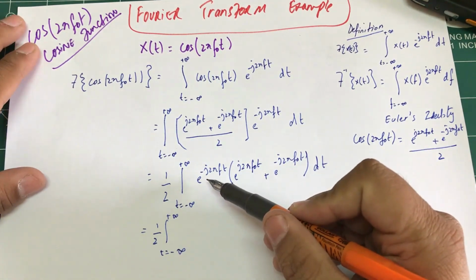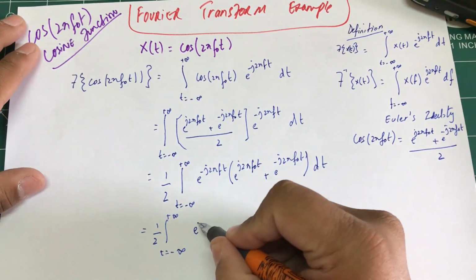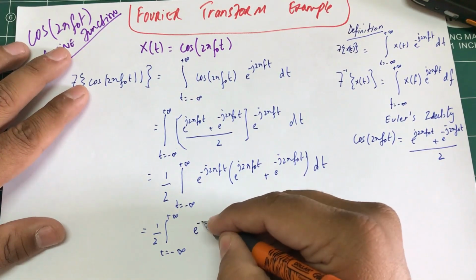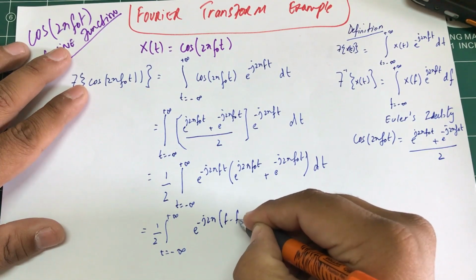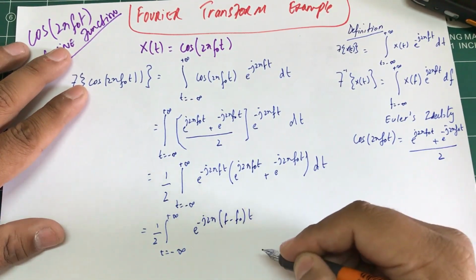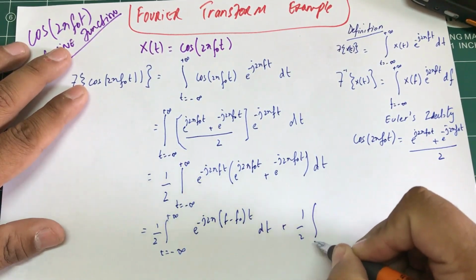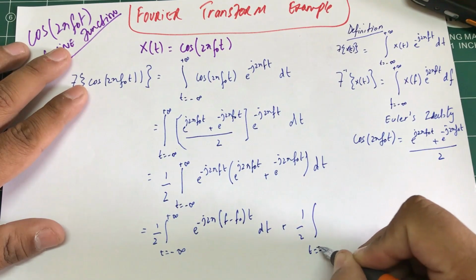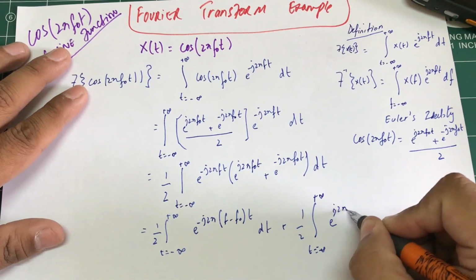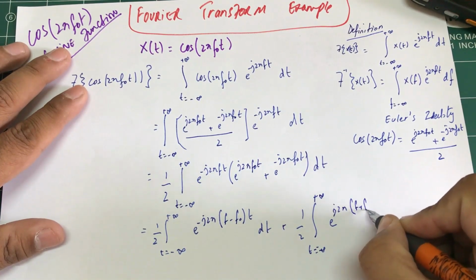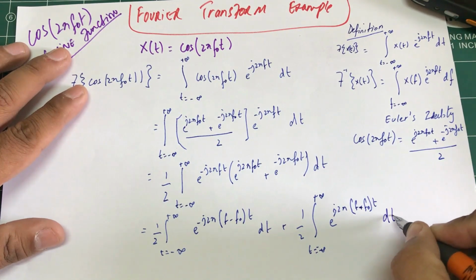When we have the same bases, I can add up the powers. So the first one would become 1/2 the integral of e to the negative j 2 pi (f minus f naught) t dt. The second one would become 1/2 the integral from negative infinity all the way up to positive infinity of e to the negative j 2 pi (f plus f naught) t dt.